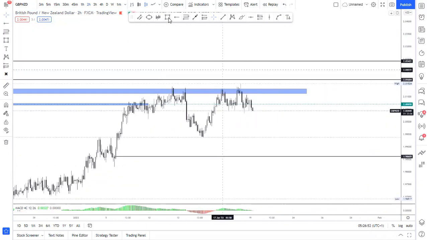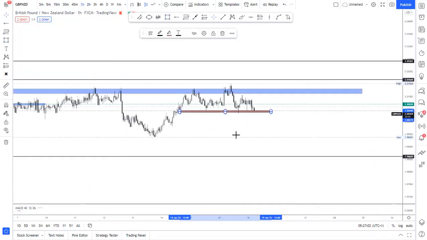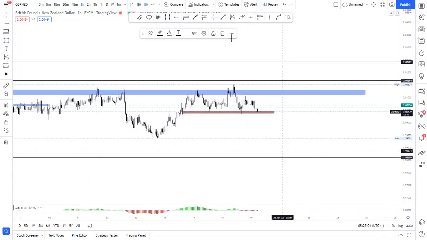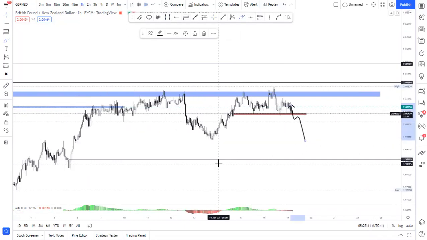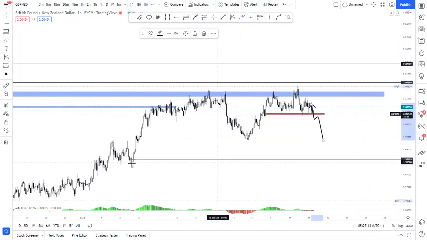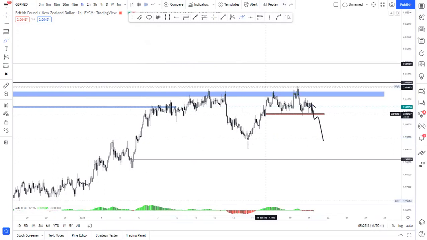Then we have this liquidity area also, of which so many people will be looking to short and go lower. Actually very possible if price is looking to come down to this area and also clear this equal low right here.